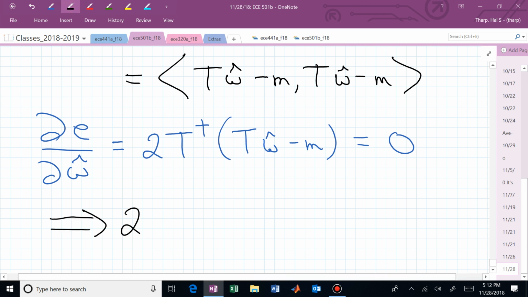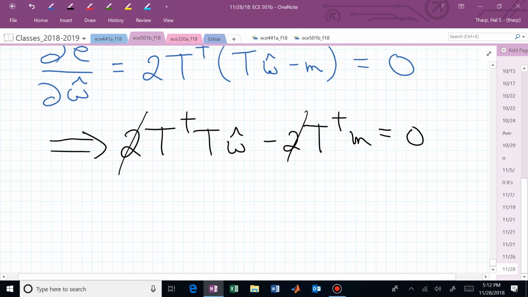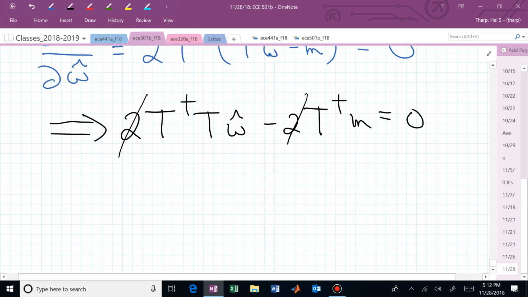Meaning, now I have 2 T dagger T W hat minus 2 T dagger M equaling 0. Let me divide out the 2. That's a common positive number. I can get rid of that, and now I can say, oh, T dagger T W hat is equal to T dagger M.